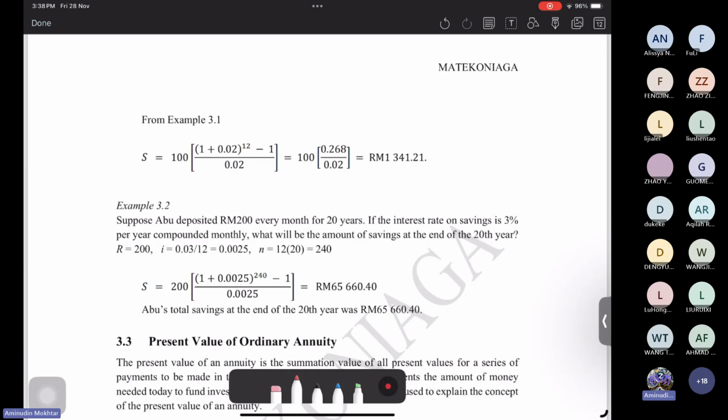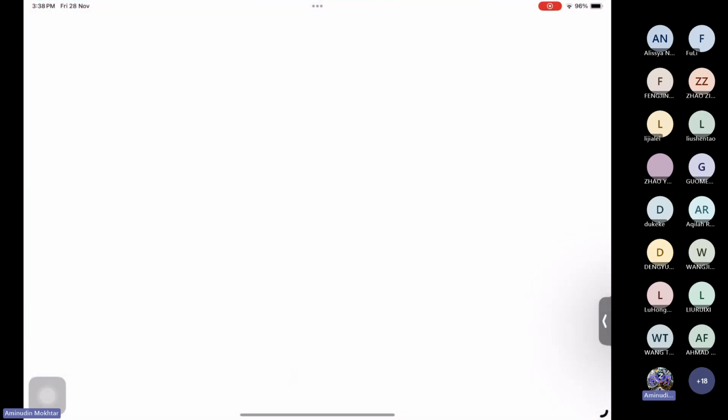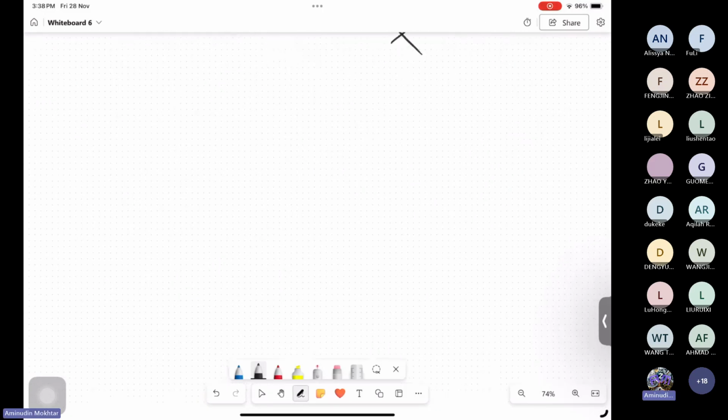Now, in other words, we assume that Abu deposits 200 ringgit every month for 20 years.